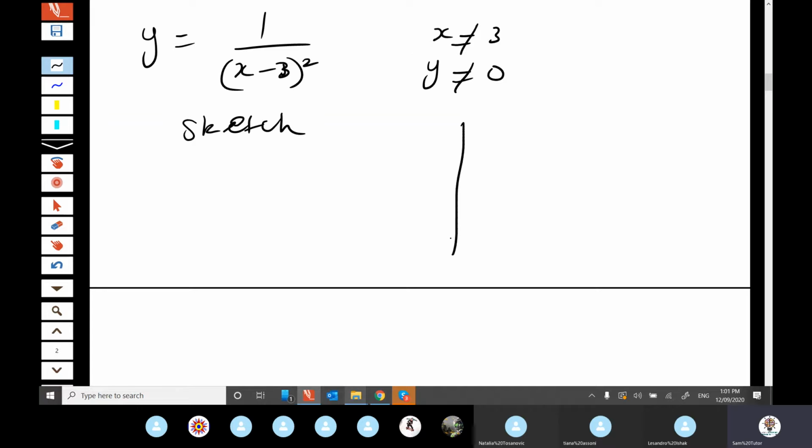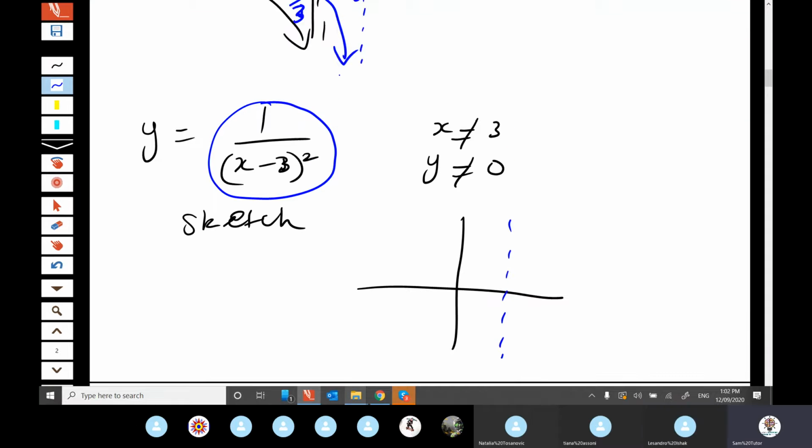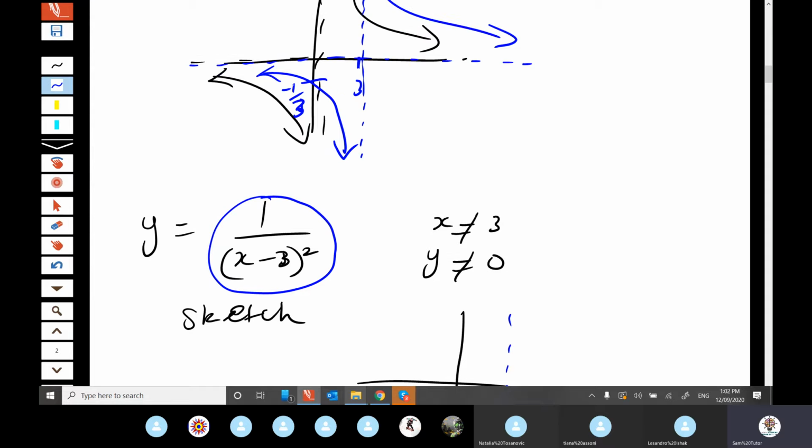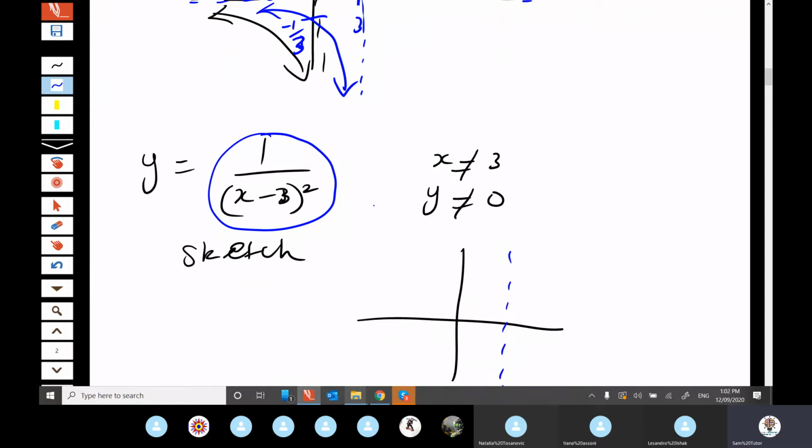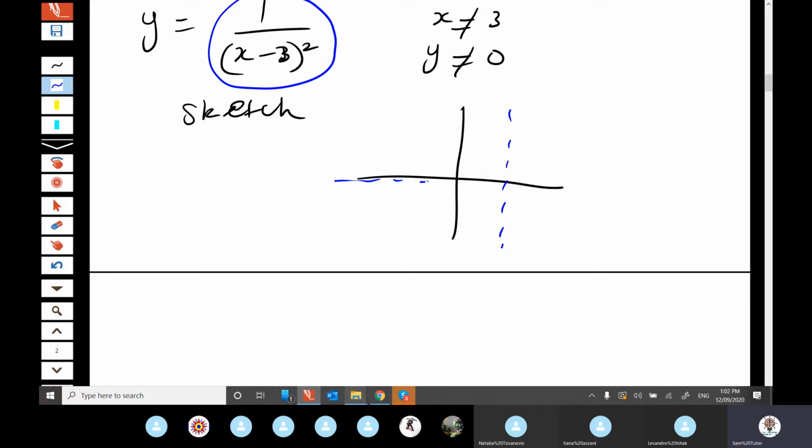So your domain and range hasn't changed. Now, what you've got to understand with it being squared is this thing ever going to be negative? No. So is the y value ever going to get to negative? No. So will this ever occur down here? No. So if you understand that, then this should be the answer.